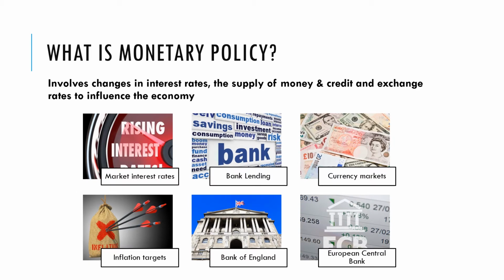So we're talking about these kinds of things. The central bank within the economy has the power to change interest rates, currency values and the amount of money in the economy, and as a result, influence the objectives, the level of economic activity or the economic performance of the economy.